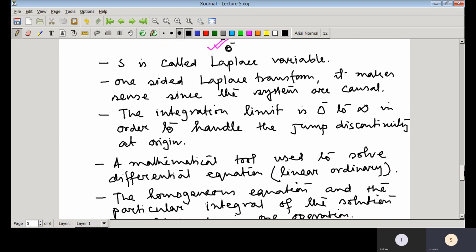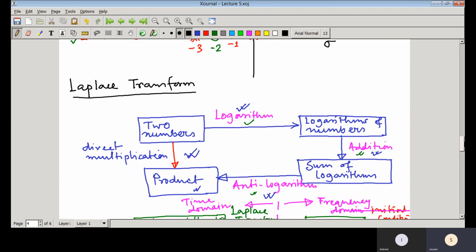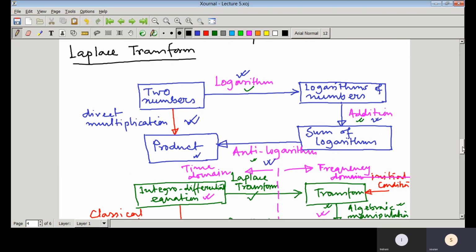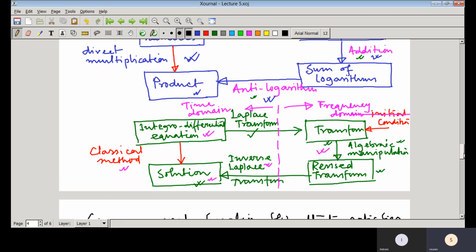So here let us see what we have discussed today, that is the Laplace transform. It is a transform, and we have seen how it is similar to the logarithmic transform. And one important thing is that in the case of the Laplace transform, before it is the time domain, and after that it is the frequency domain that we will be discussing later.